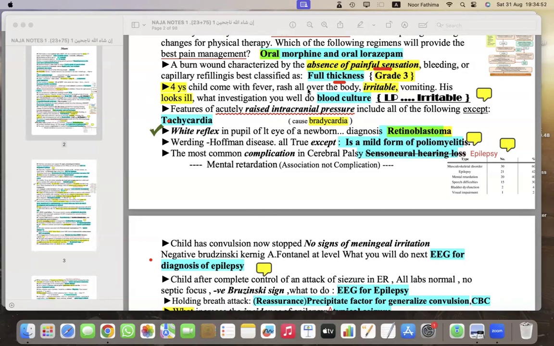What investigation will you do? Either you will choose blood culture, and since he is irritable, you will also choose LP. But first you will send blood culture, then if the child is drowsy or irritable, you can go ahead with antibiotics, then you can consider LP. So it depends upon the status of the child.